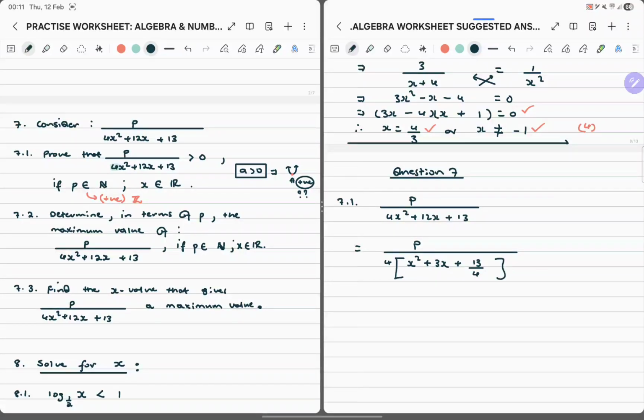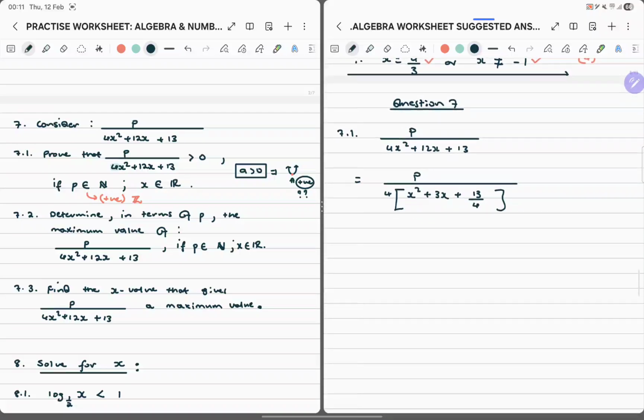Okay, so we must do it so that we can return it back if we need to. So this is P over 4 into, take what is under the square, the coefficient of x, then we square the whole thing, plus 13 over 4, then we immediately minus 3 over 2 all squared.